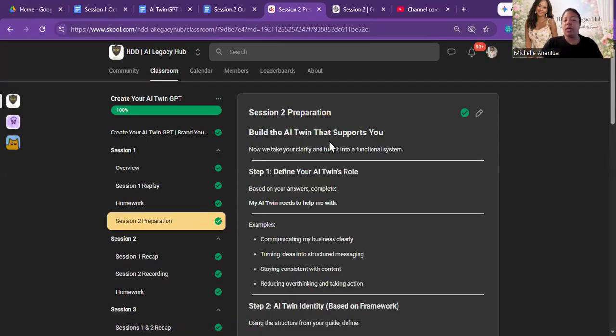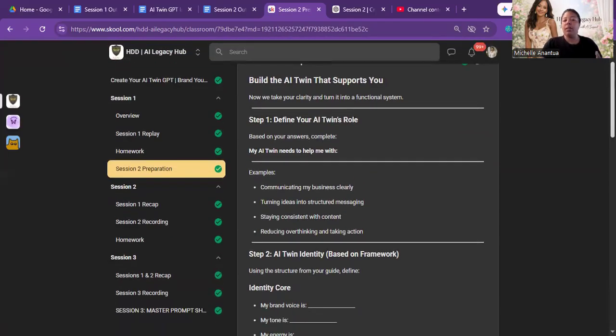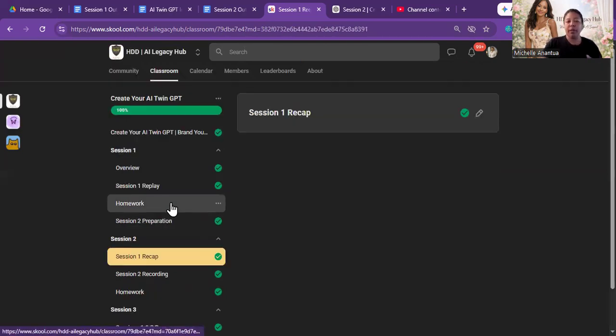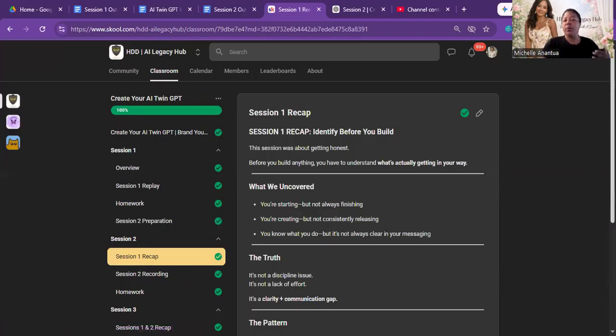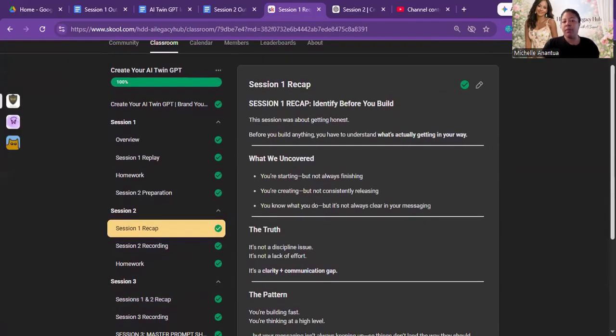There's also a session two prep. So within session two prep, this is starting that solution-based look, right? In session one, we identified those issues and we also wanted to start seeing how we can resolve them. By the time session two came around, we were in full-blown problem-solving mode, right?